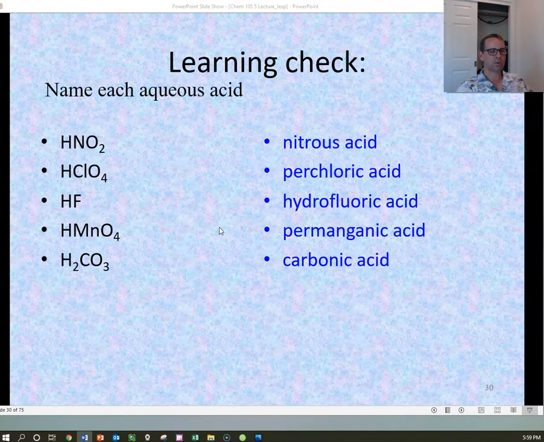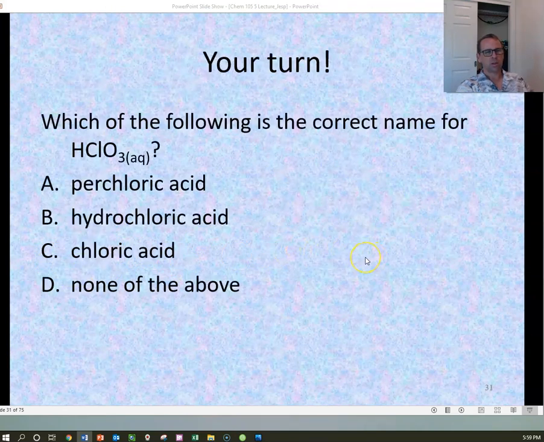Oops, I skipped one there. That one's carbonic acid. Carbonate, ATE goes to IC. Carbonic acid. We're going to let the folks do this one at home. You can work on it too, but it looks like you already have this under control.